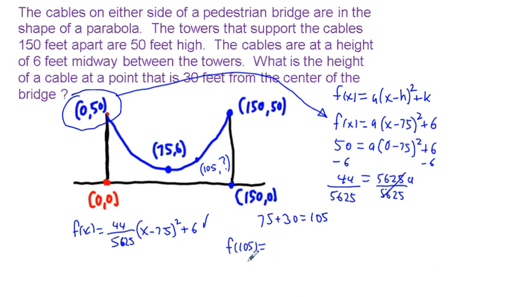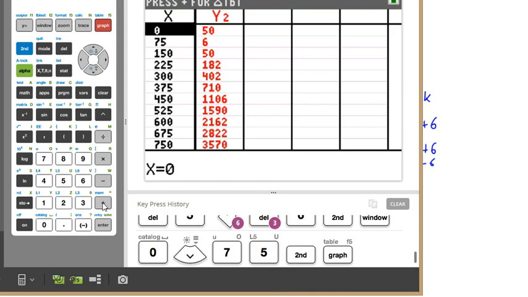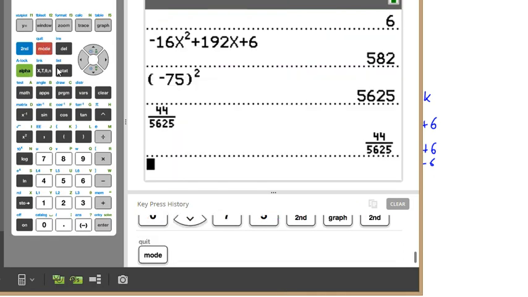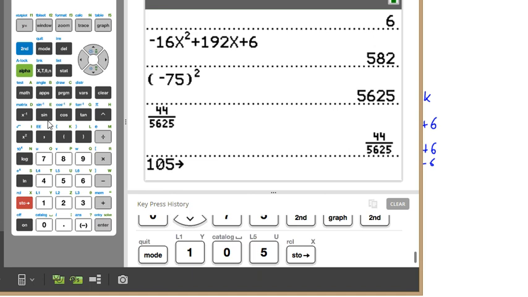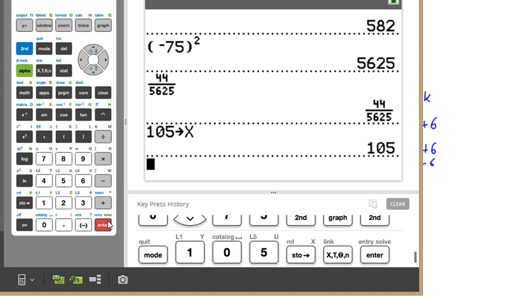Let's go over to our calculator again. Here we already have this value, so I'm going to put in 105 store to x. Now we're going to just type in the equation.